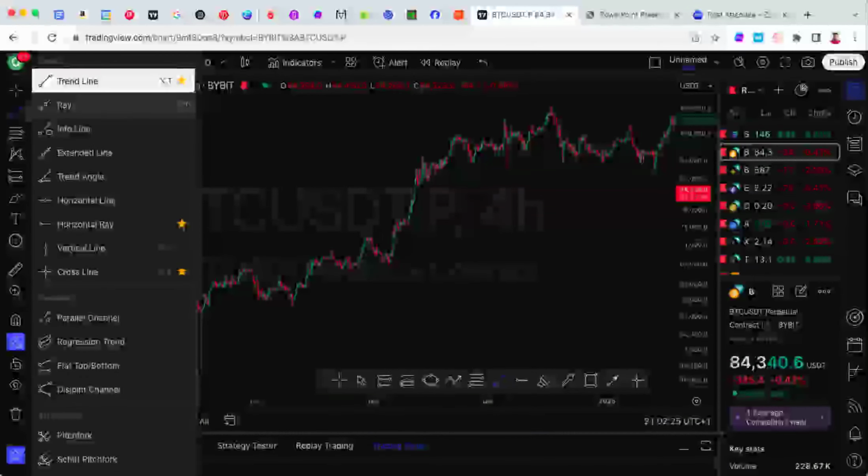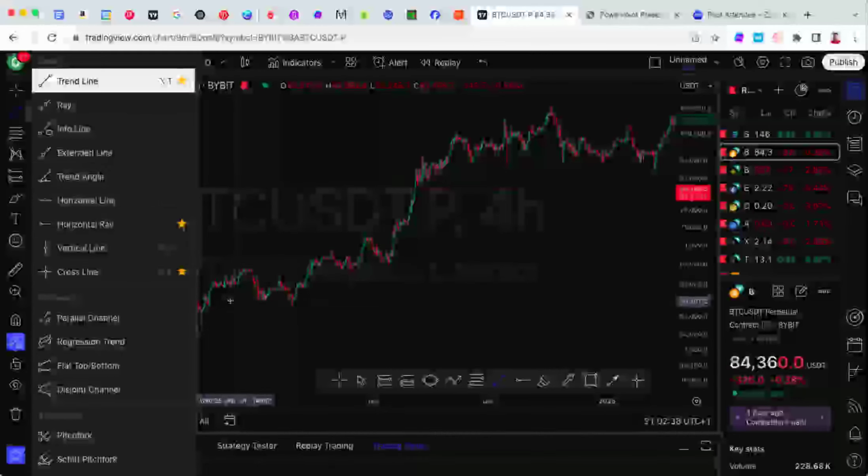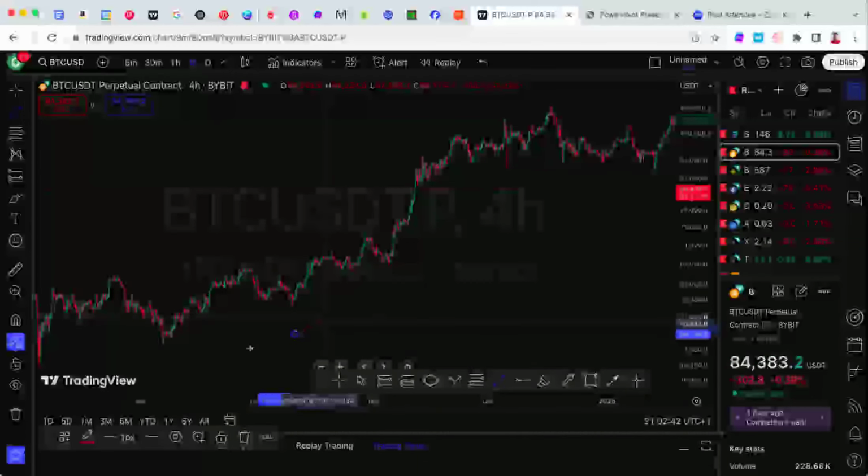Which is among, if you were on the last section, what we talked about, favoriting the tools that we are using, like trend lines and all the lines that we use to analyze. So among it, we have trend line. You click here, then drag it up.